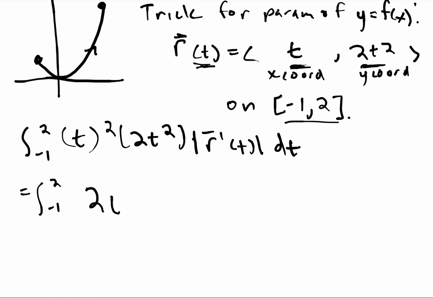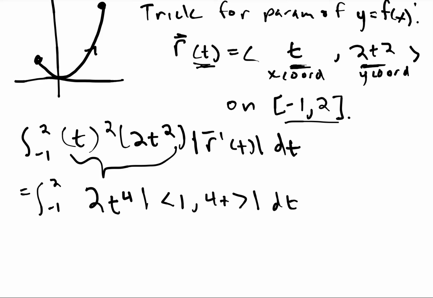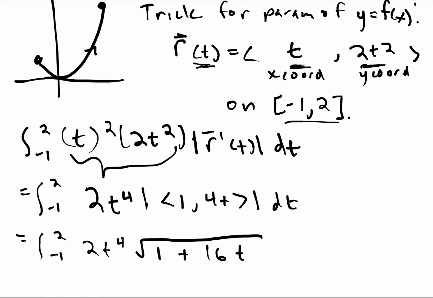My magnitude of r prime is really going to be my magnitude of 1 comma 4t. So ultimately, the integral that we would be worried about cleaning up here is 2t to the 4th times the square root of 1 plus the quantity 16t squared.